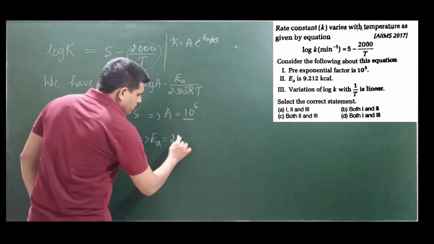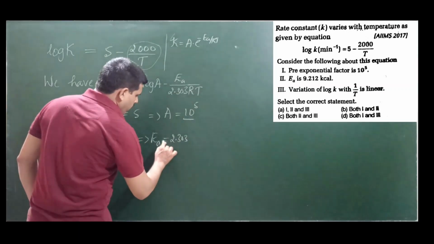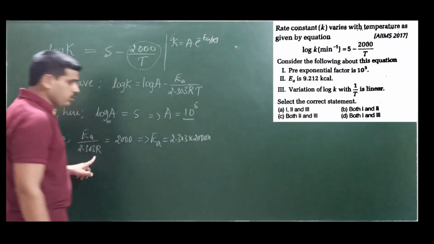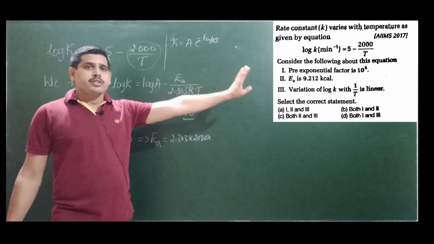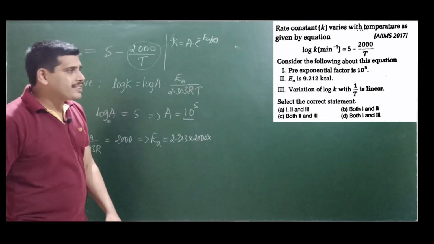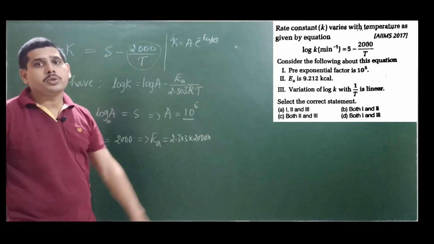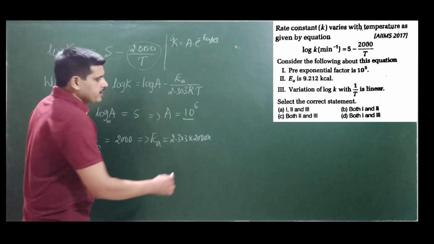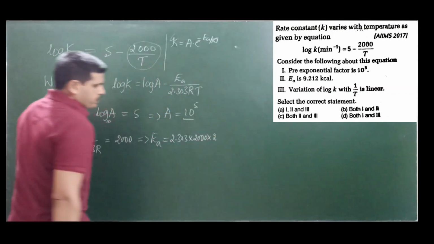I'll write 2.303 into 2000 into the R value in calorie, because the second statement says it is 9.212 kilocalorie. So let me write in calorie first, later we'll convert into kilo. R is 2 calorie per mole.